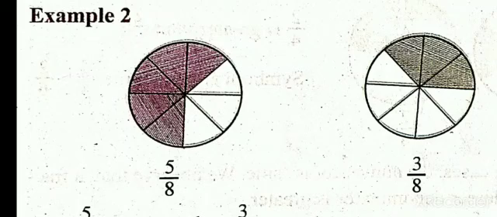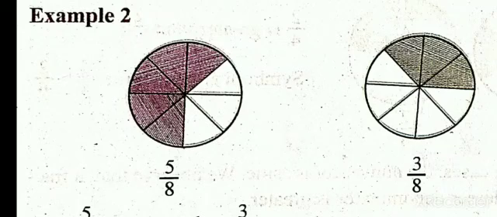See, in example 2, you can see there are 8 equal parts in the two figures. In the first figure, 5 parts are shaded. In the second figure, 3 parts are shaded.